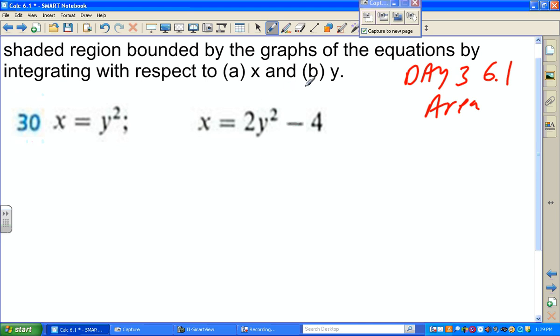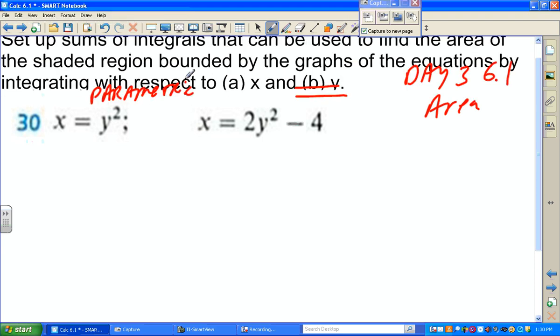Go figure that. I think I'll just set this up with dy because on the quiz, you're going to be setting them up. Today we'll talk about how to do a parametric plot.